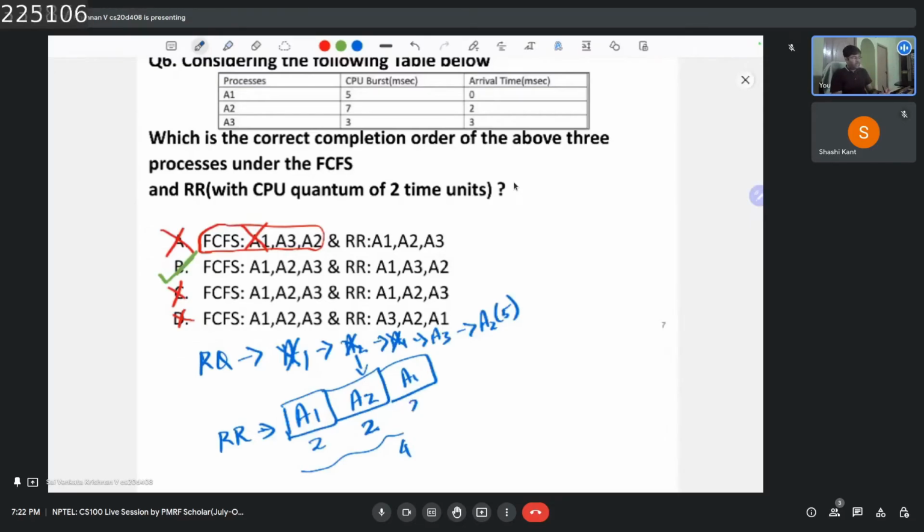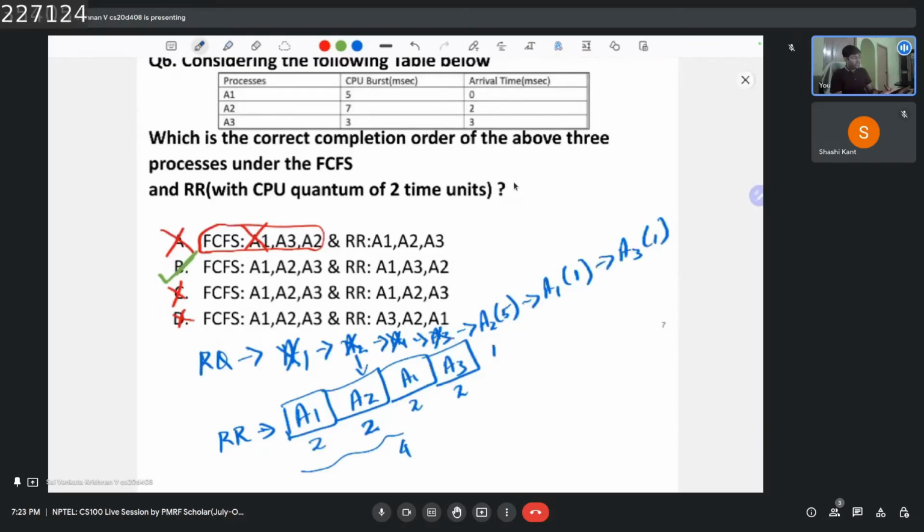And now A1 gets executed, and once A1 finishes the time quantum execution, it sees that A1 has 5 units in total, but only 4 got over. So again A1 is added at the end of the queue with the remaining time 1, and the next in line is A3, so that gets executed for 2 time quantum. And A3 still has 1 cycle left, so again it gets added into the ready queue.